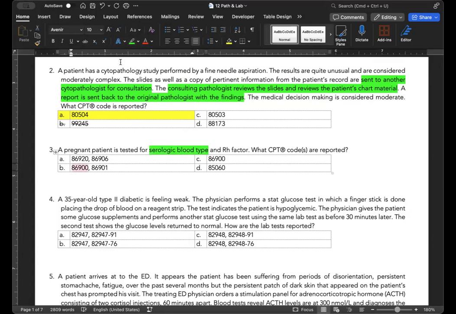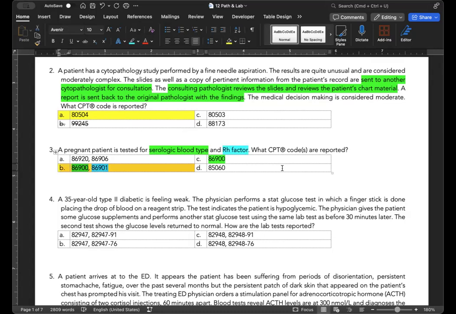Do we need to report something else in addition to the 86900, or should we only report the 86900? You need the 86901 for the RH factor. Yep, because we did the RH factor as well. So that is a different component that we have to report. A lot of people will think, oh, well, I'm A positive, right?